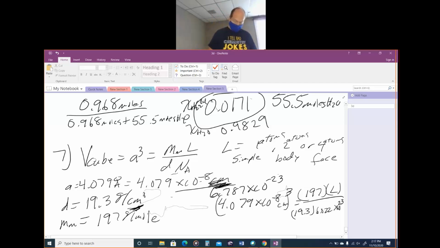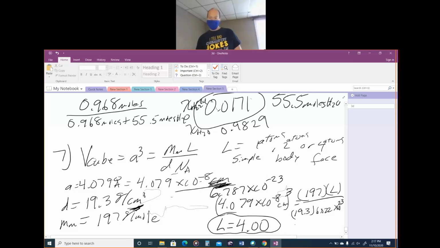And now we're going to multiply both sides by 19.3. Then we're going to multiply both sides by Avogadro's number. And then finally, we divide both sides by the molar mass, which is 197. And when you do that, you get L is equal to 4.00. All right, and so that tells you that it is face centered.